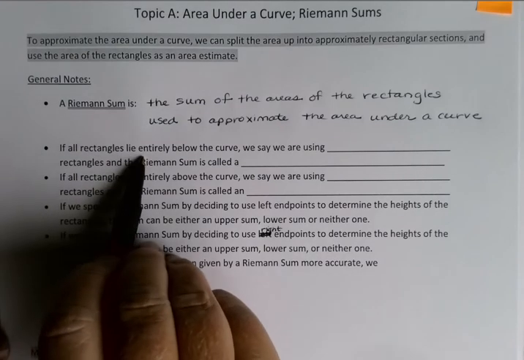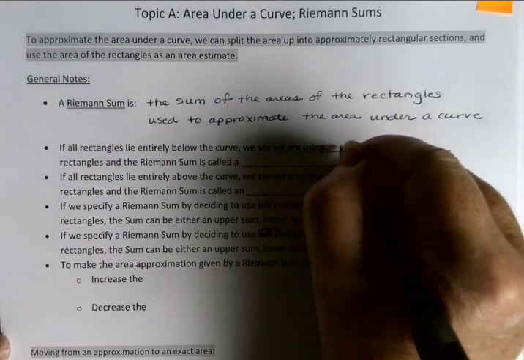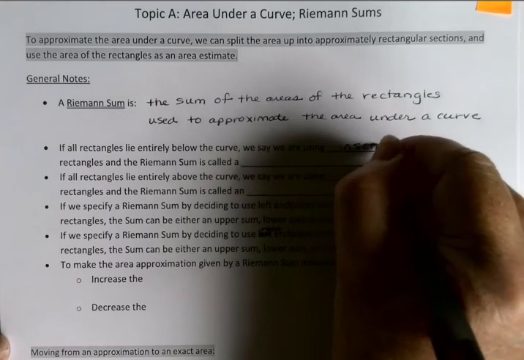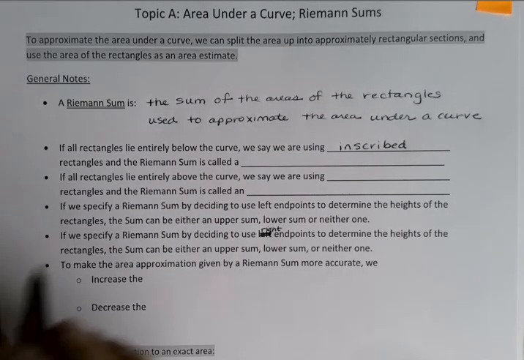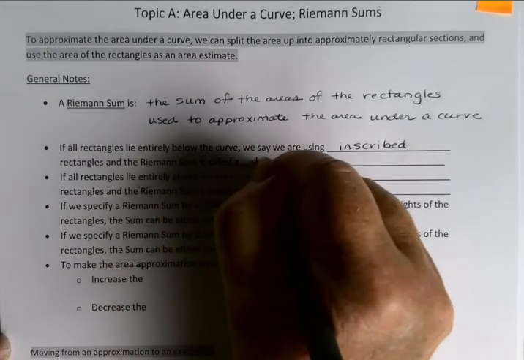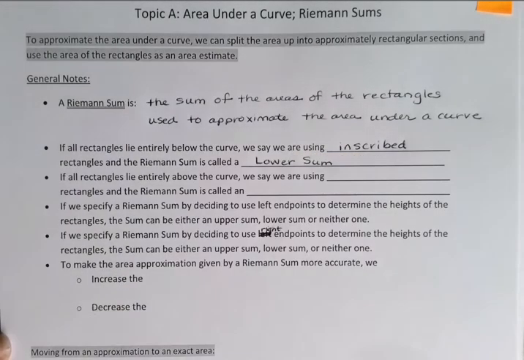If all the rectangles lie entirely below the curve, we say we're using inscribed rectangles. And in that case, the Riemann sum is often called a lower sum. It's a little too small, less than the actual area.